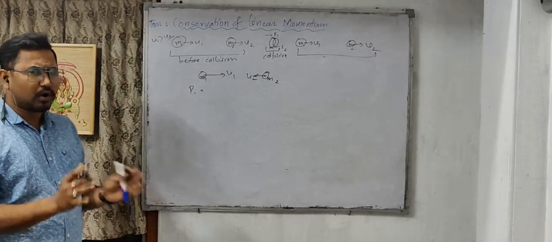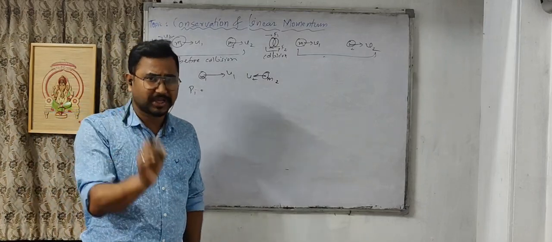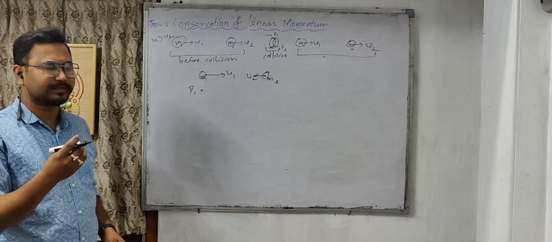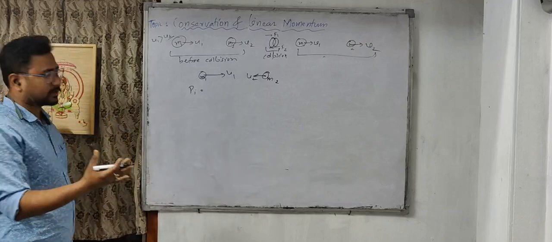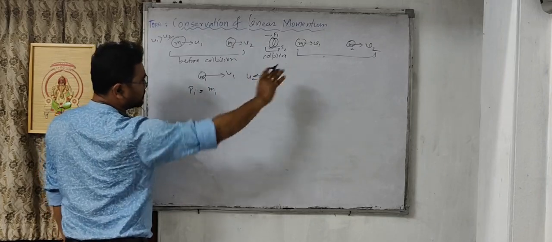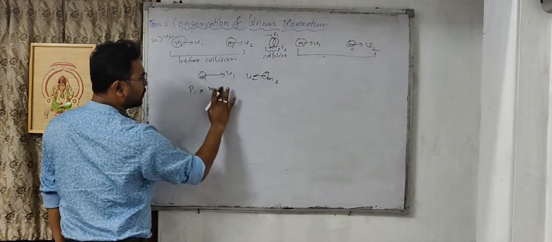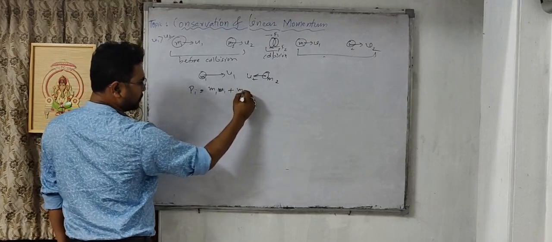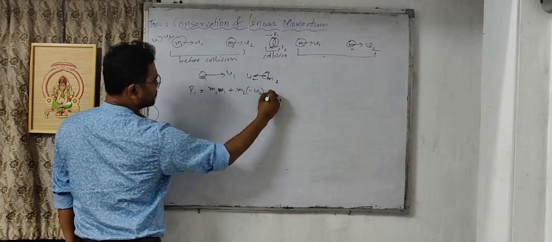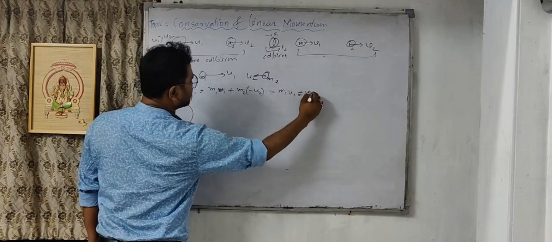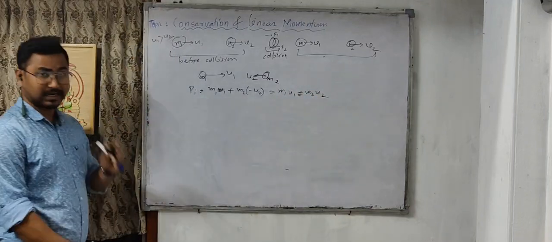In numericals you all know this, but the direction and vector things are very important, and for these you make silly mistakes. If we take this side as positive, then M1 U1 must be positive, but M2 is coming the opposite way, so it will be minus M2 U2. So the initial momentum is M1 U1 minus M2 U2. This is one case.